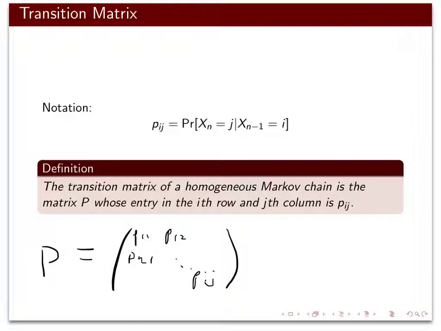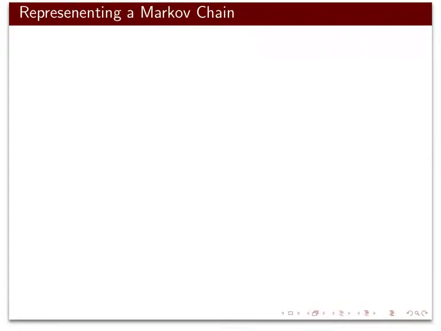Notice that these matrices can have countable dimension, so for the simple random walk and the branching process, it isn't a finite matrix. There's a countable number of rows, countable number of columns. But the rows and columns are both indexed by the state space. So we can write S by S, size of the state space by size of the state space, for this matrix P.